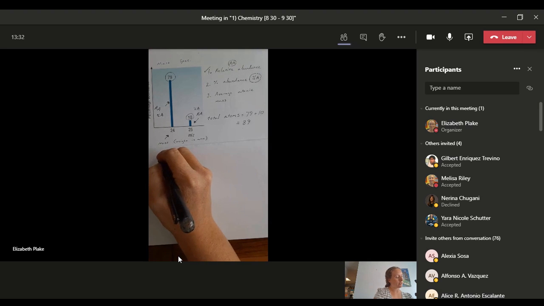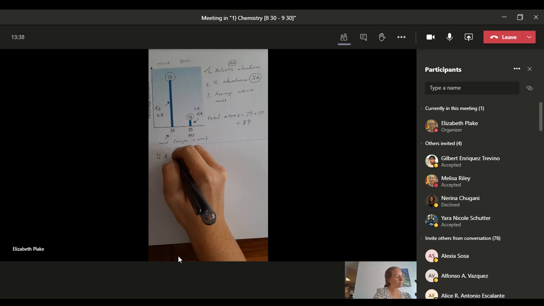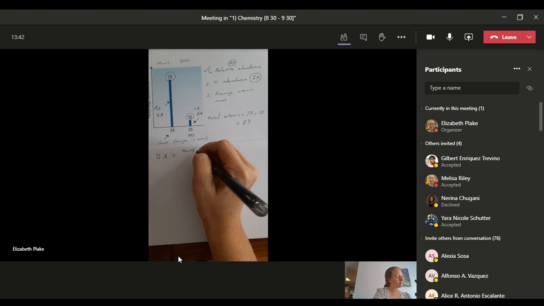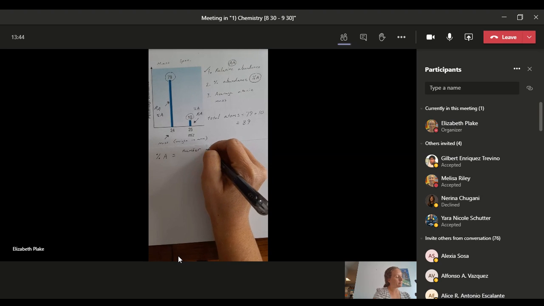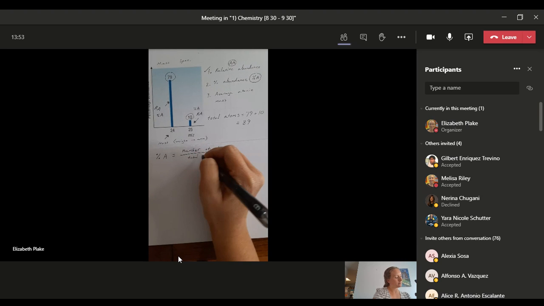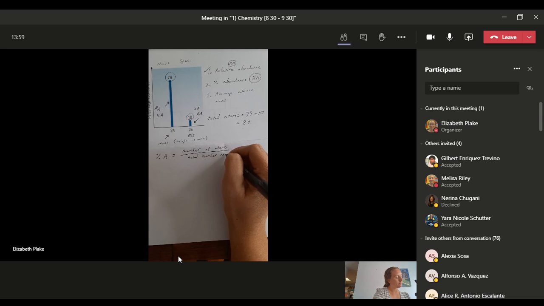All right, so calculating percent abundance, you will need to memorize this formula. Percent abundance equals number of atoms divided by total number of atoms times 100.